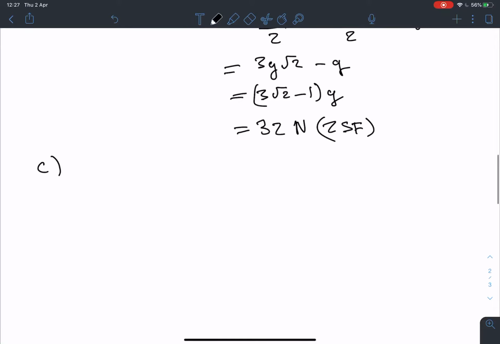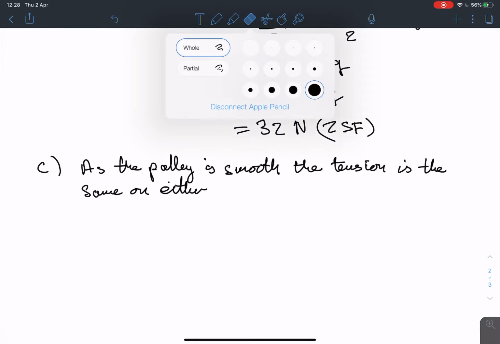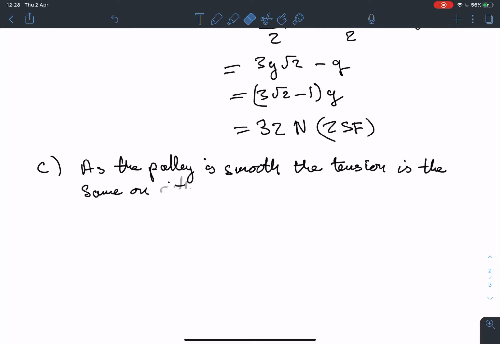As the pulley is smooth, the tension is the same on both sides of the pulley.